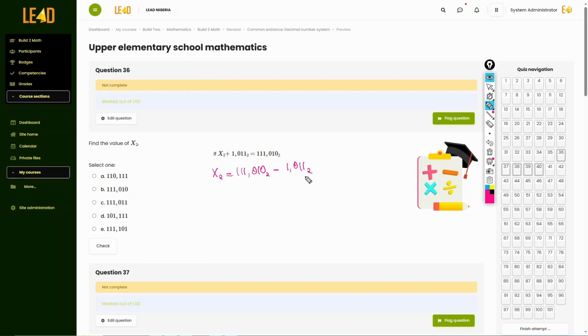So you can subtract it. How do we subtract? I'll line it up, but there are just a few rules and I will explain that briefly. 111010 base 2 minus 1011 base 2.